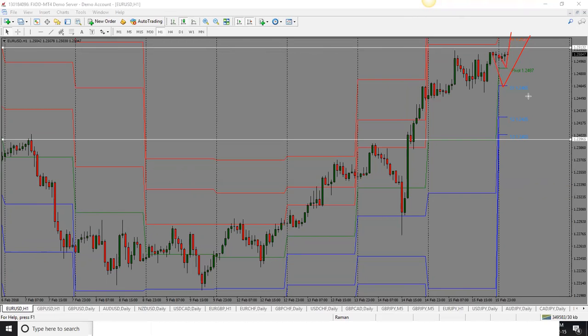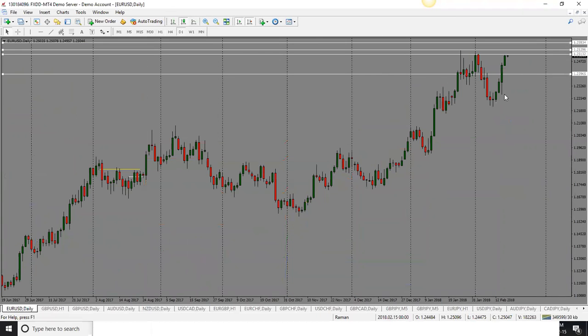So overall, we are looking for bullishness, but sometimes we could see this type of move. So keep in mind, it is Friday, and hence just be careful. But we are pushing into the high. We're holding the high, which means we could go even higher. So the bullishness is still there.